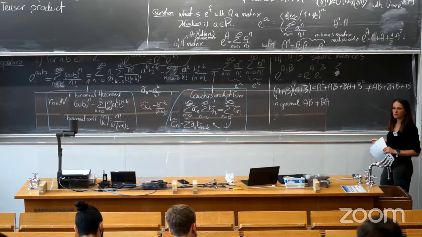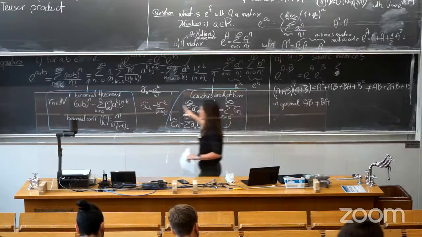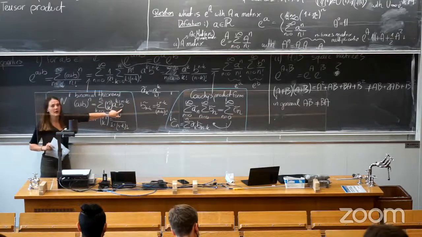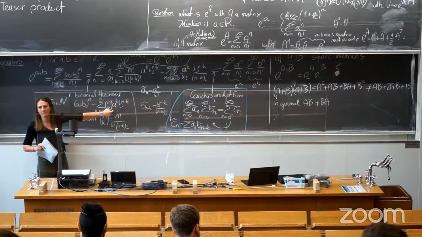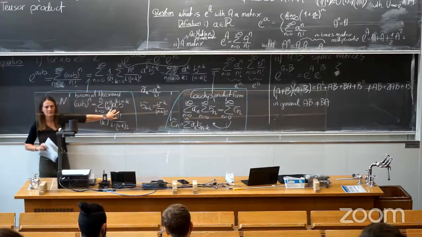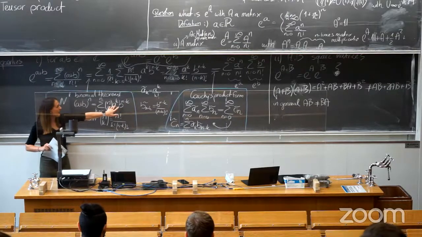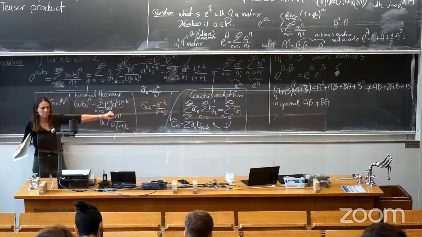And why am I telling you this? Because in the Cauchy product form, if you see, it's a sum where the A is always in front and the B comes always after in the product. Why is this possible? Because AB equals BA for numbers, for complex numbers.